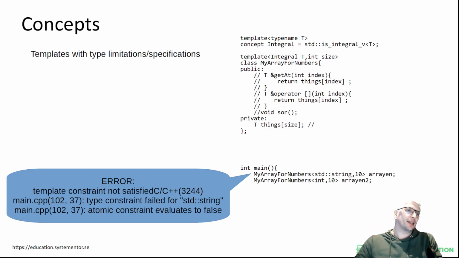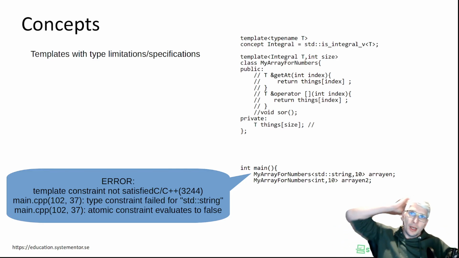But it would still be possible for me to call the template by sending in a std::string. That shouldn't be possible. So concepts, in short, are templates with type limitations, or type specification, maybe I should put it.